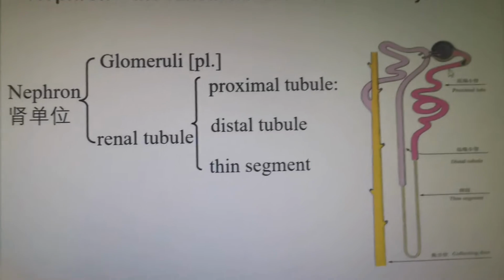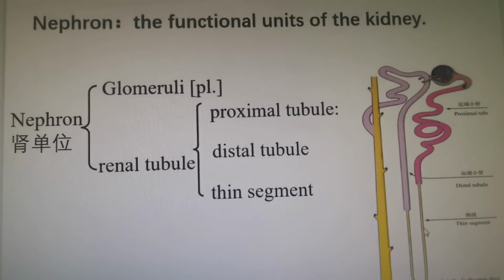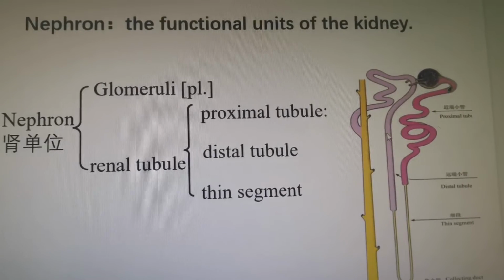A nephron is composed of glomeruli, proximal tubule, thin segment, and distal tubule.